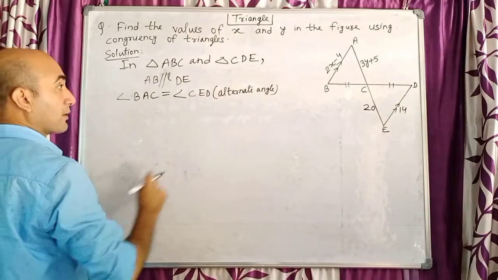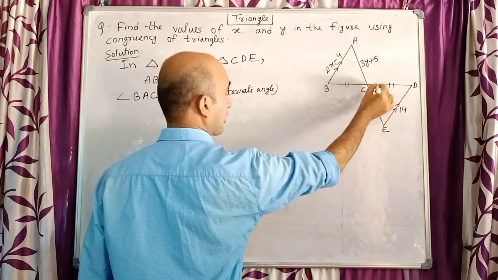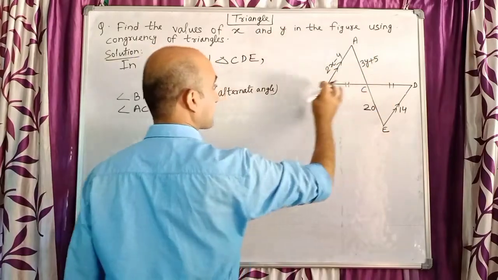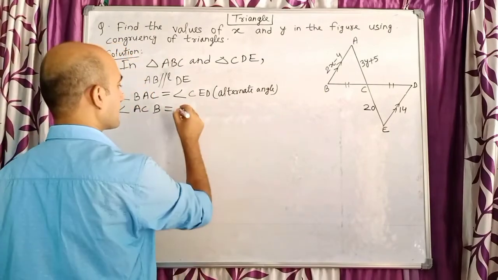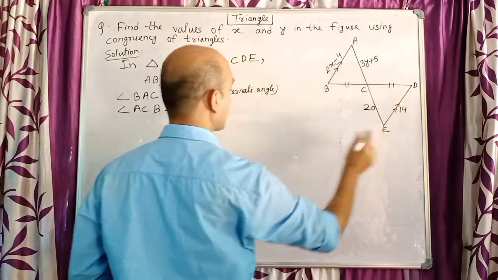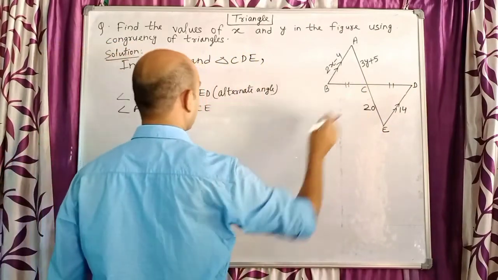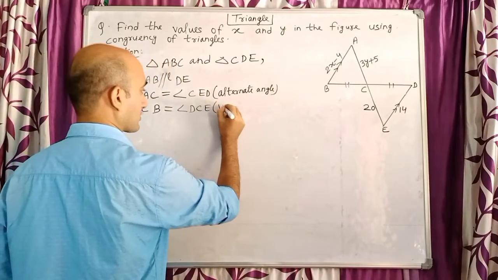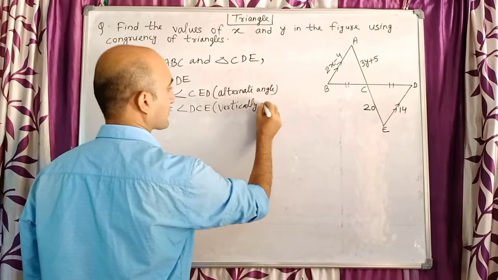Now next, vertically opposite. Both C, the upper part C and the lower part C. So angle ACB is equal to angle DCE, that is the lower part C. They are vertically opposite angles.